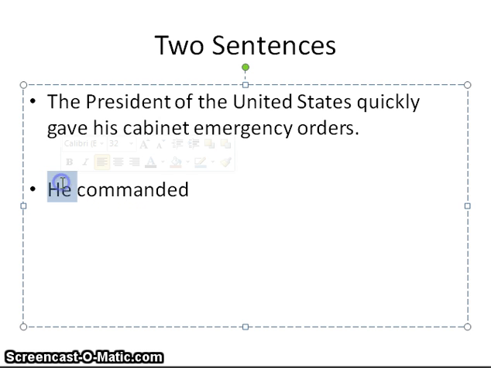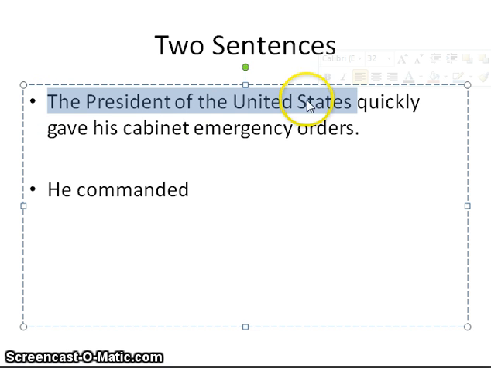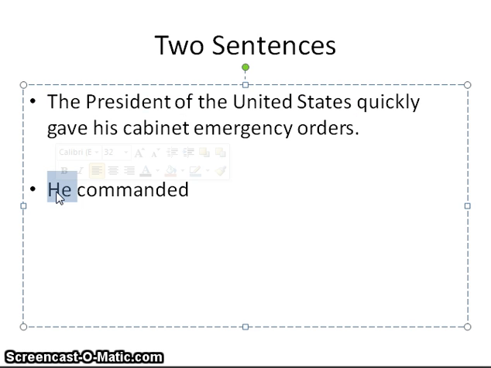Let's look at "The President of the United States quickly gave his cabinet emergency orders." President is a noun, and we get a whole phrase when we turn it into the President of the United States. Okay, is he a noun? We're getting into difficult waters there, because technically he, while it represents a person, which would qualify as a noun, is a more generic word we've substituted for a specific noun, in this case the president.